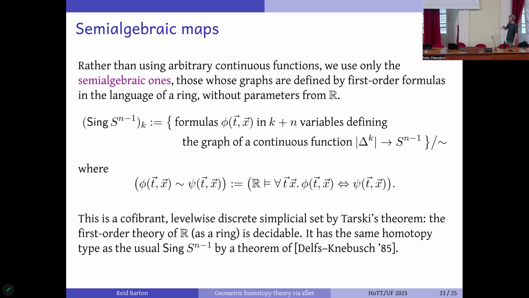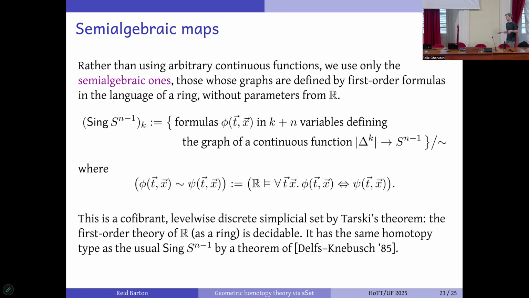That's again another formula to which I can apply Tarski's theorem and therefore decide. And so I really will get out a simplicial set which has this decidability of degeneracy for the n-simplices at each level. So the output of this construction is one of these cofibrant and levelwise discrete simplicial sets.